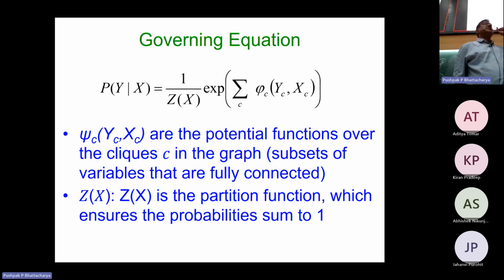So you will have a special kind of graphical model here, a chain graphical model.